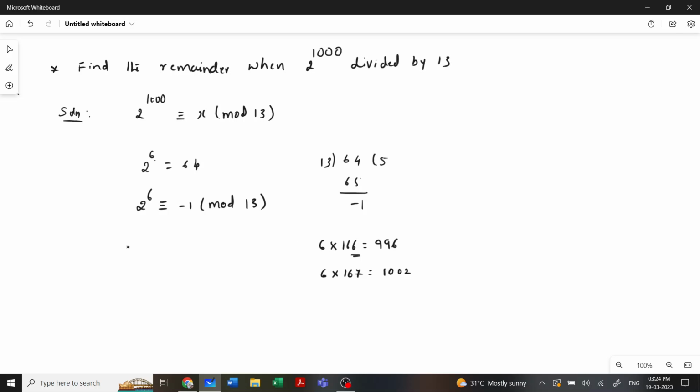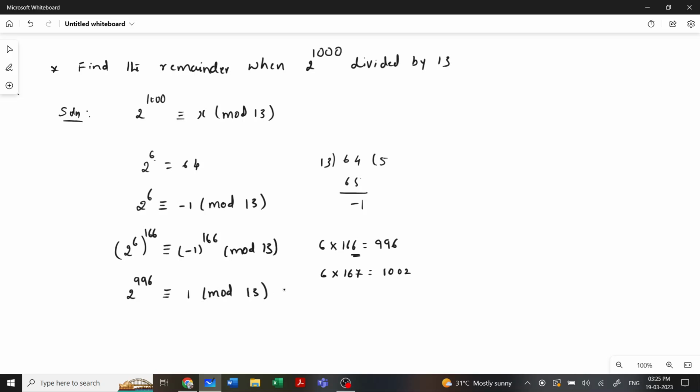So I will raise the power: 2 to the power of 6 to the power of 166 is congruent to minus 1 to the power of 166 in mod 13. Either minus 1 or plus 1, if you raise the power, an even power of minus 1 becomes plus 1. So 2 to the power of 996 is congruent to 1 in mod 13.